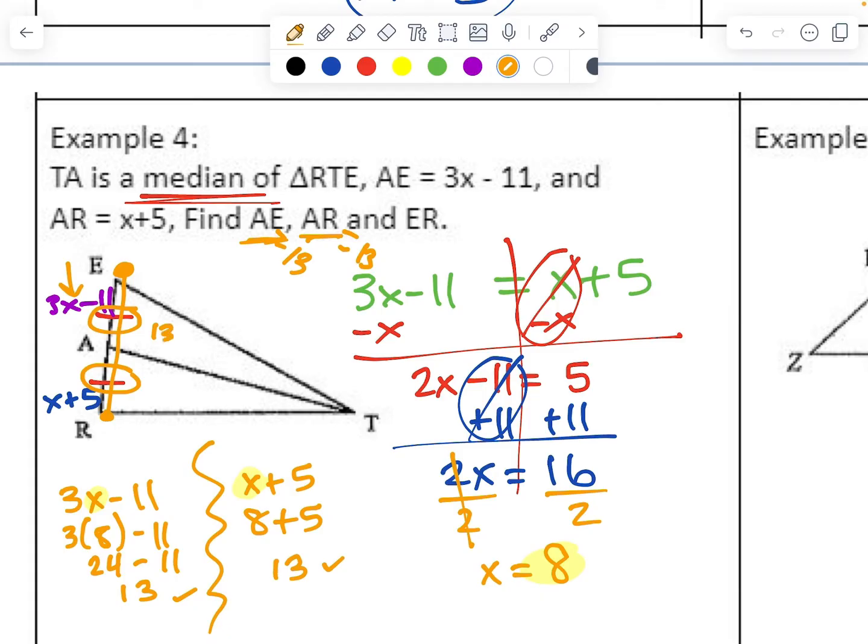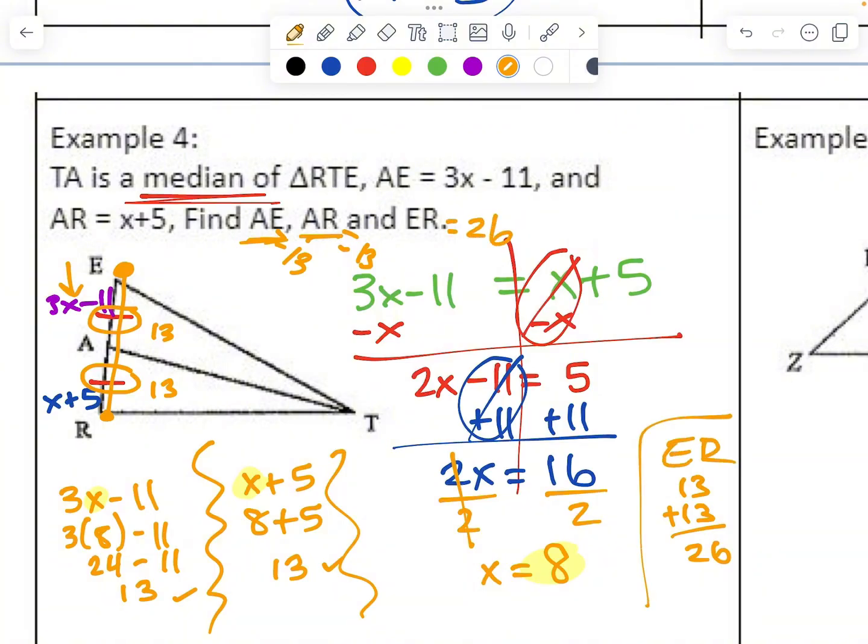So if this piece is 13 and this piece is 13, together, 13 plus 13 is going to give us 26 all the way from E to R. ER equals 26. And so those are your 3 answers for example 4: 13, 13, and 26.